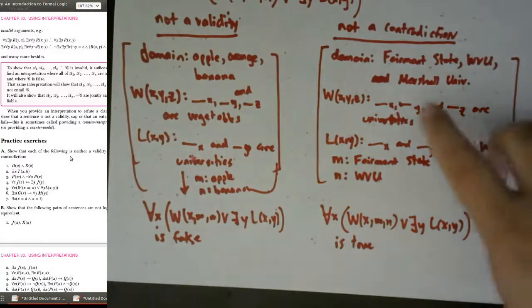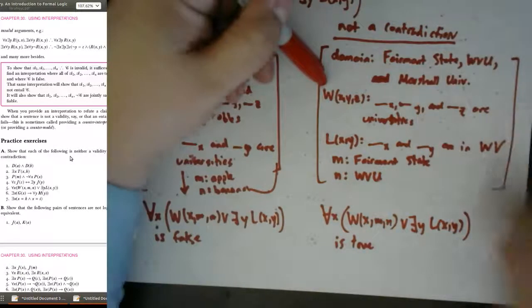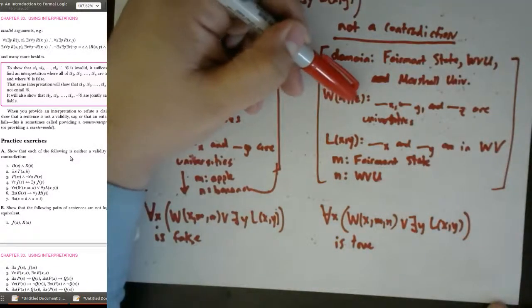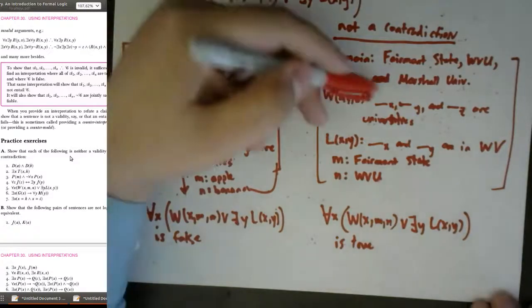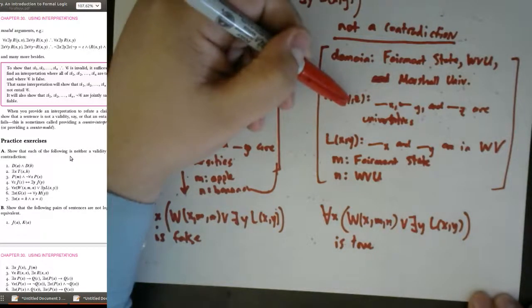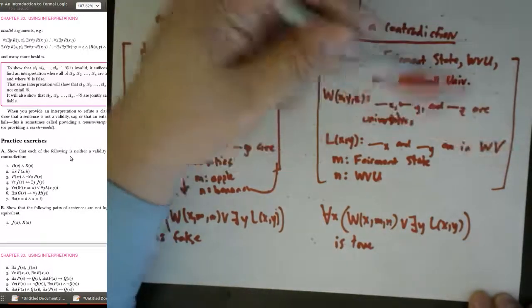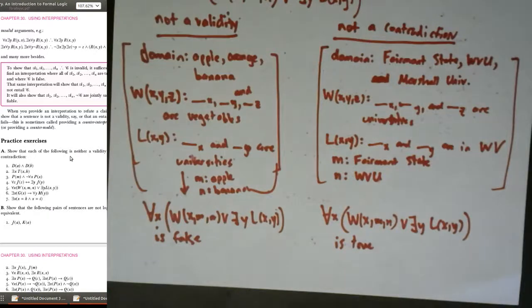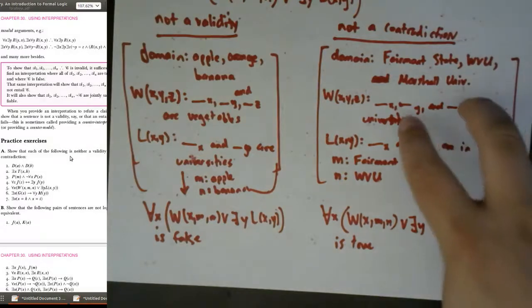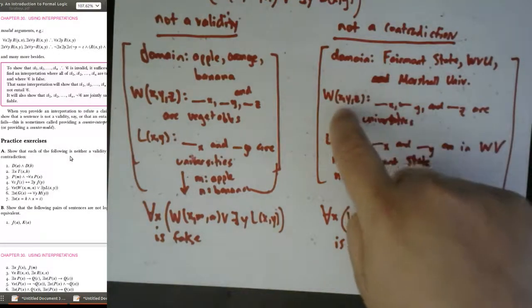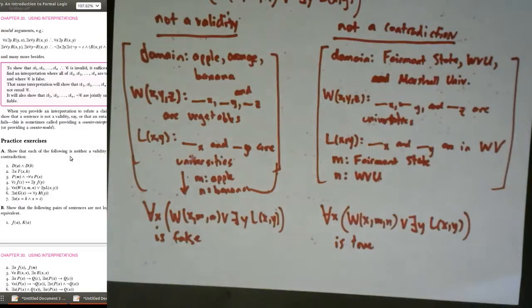When you pick W(Fairmont State, WVU, Marshall), you're taking that to be true. If you pick W(Fairmont State, Fairmont State, Fairmont State), you're taking that to be true. And we call them universities because that's a simple way to make something that's always true. But the real power here is we are giving a mechanism to determine the truth of the predicate given certain domain elements being plugged into it, so to speak. So those are letter A.